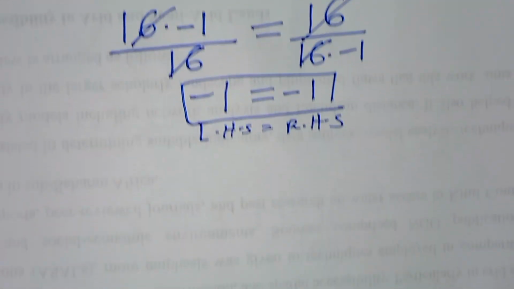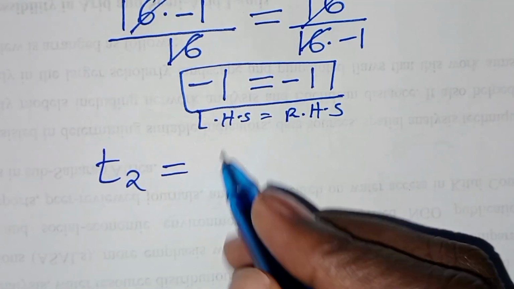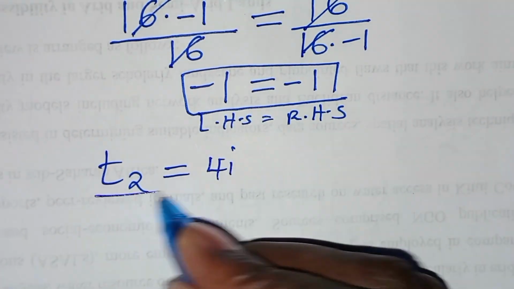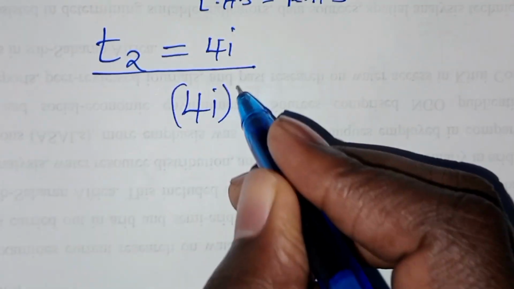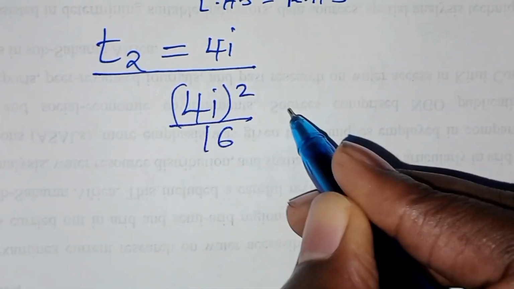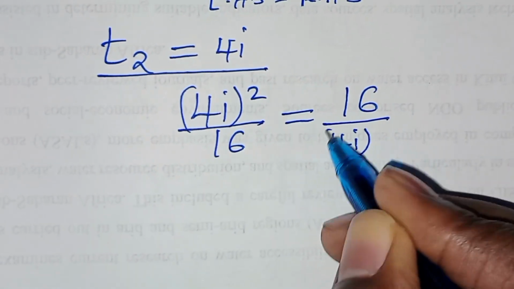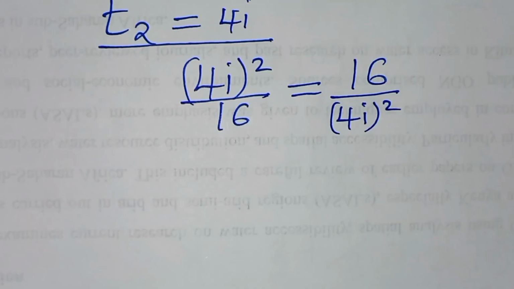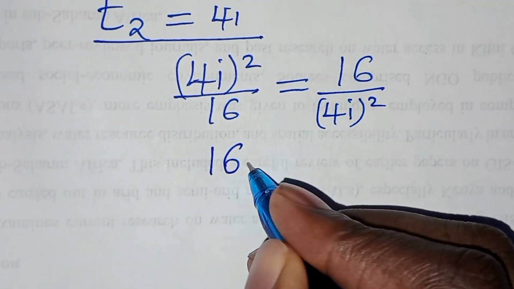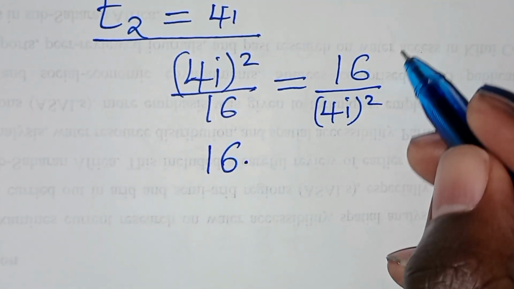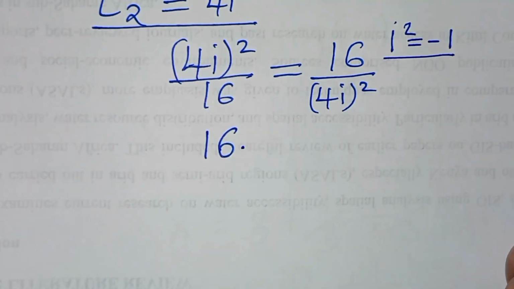So let's proceed to t2, which is 4i. Let's substitute this. So here we'll have 4i squared divided by 16, equal to 16 divided by 4i squared. Again, we have 4 squared, which is 16, multiplied by i squared. Remember, we have seen that i squared is the same thing as minus 1.